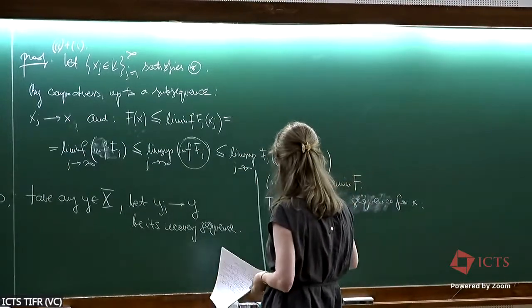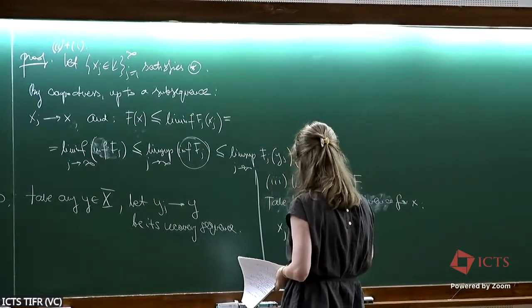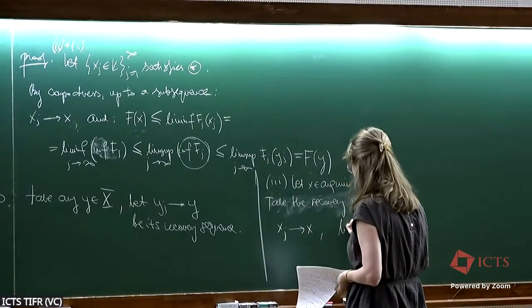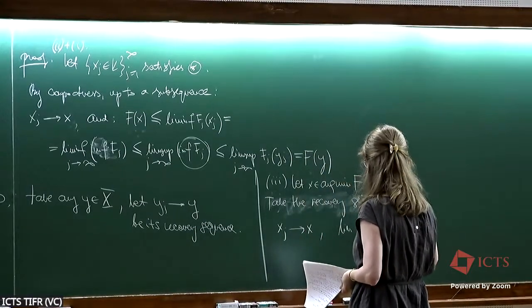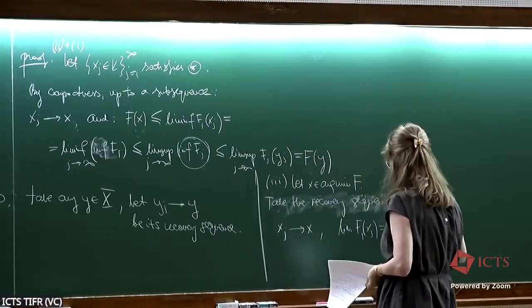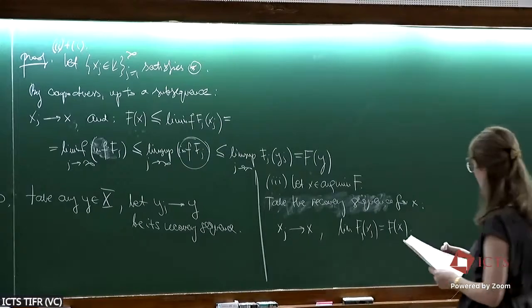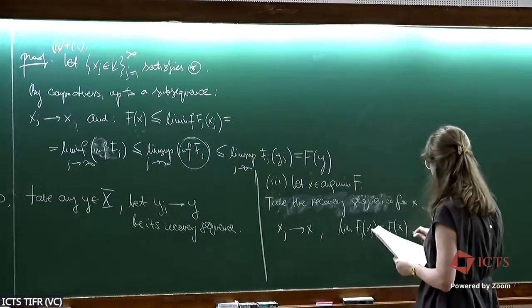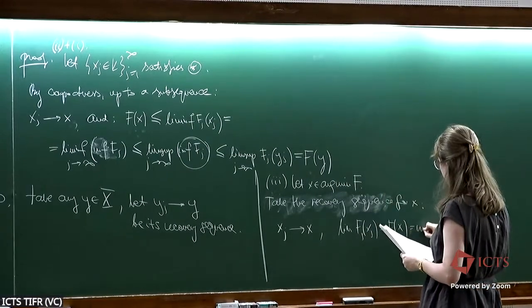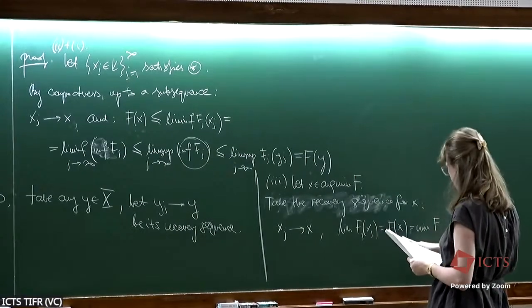So I take some xj's which converge to x, such that the limit of Fj of xj equals f of x. Okay, that's the meaning of recovery sequence. But this f of x is the minimum of f, right? Because it's the minimizer.